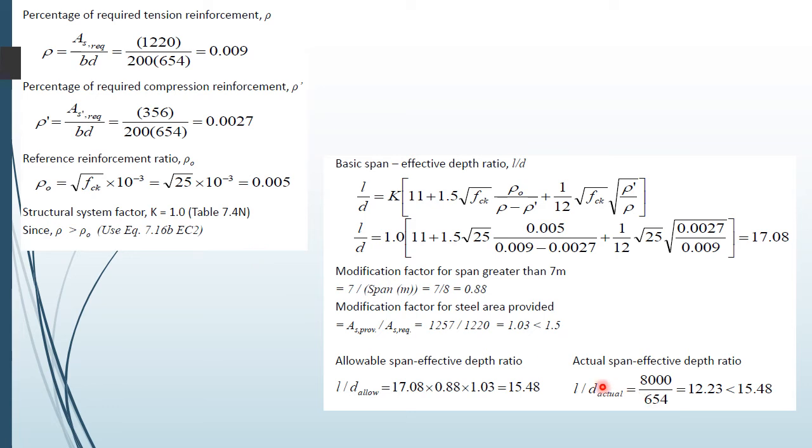To compare our L over D allowed with our L over D actual, for L over D actual, we divide our length, which is 8 meter, by D, 654. Therefore, we get 12.23. We compare this with the L over D allowed. So our L over D actual must be less than L over D allowed for safe deflection.